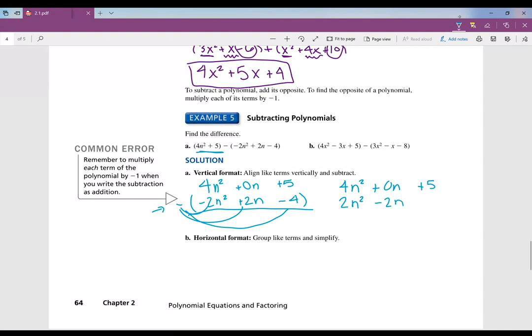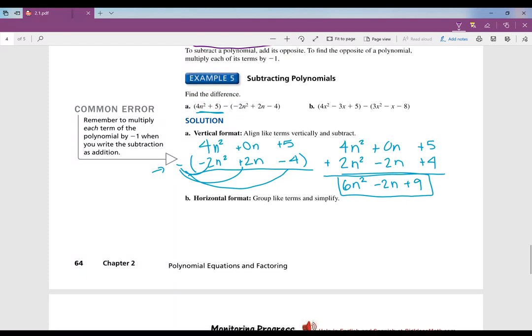And negative times negative 4 will be plus 4. And now that you've distributed that negative, you can just add the terms. So 4n squared plus 2n squared, we're going to have 6n squared. 0n plus negative 2n is going to be negative 2n. And 5 plus 4 is going to be plus 9. So that would be your answer for part A.